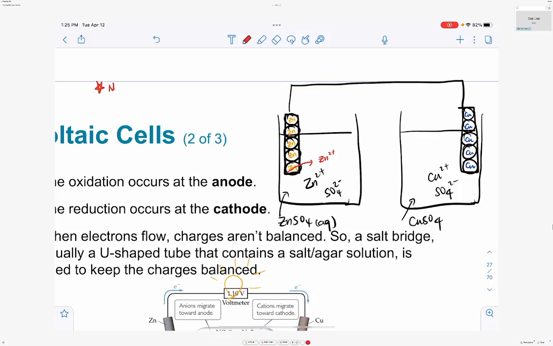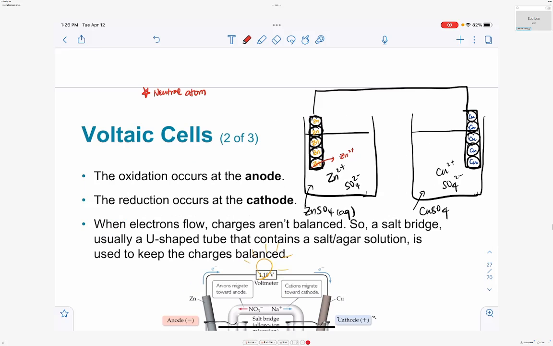Dr. Lee, how do we know that copper wins the electron war? I'm just a little fuzzy on that part. So we will talk about that in a little bit. I will show you a table and explain why, but it's a natural tendency of copper to have more desire for electrons.